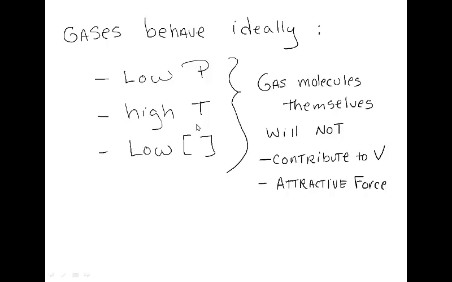High temperatures, they're going to be moving so fast, they're never even going to be able to run across each other. They're moving so fast. Ships passing in the night. And in low concentrations, it's the same idea. There's so few molecules in the sample, they're not coming across each other to contribute to the volume or be attracted to each other.